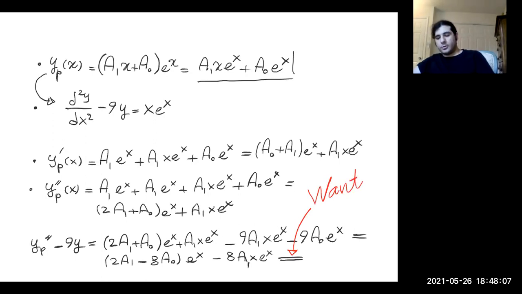We want this to be equal to the right-hand side of the equation, which is x e^x. On the right-hand side, the coefficient of e^x is 0. Therefore, this term should be equal to 0.